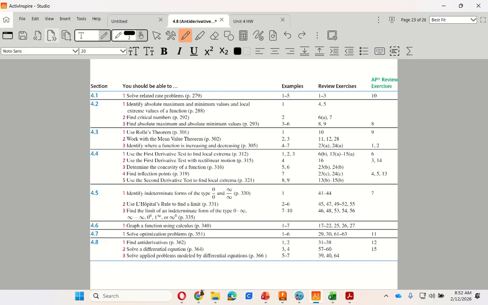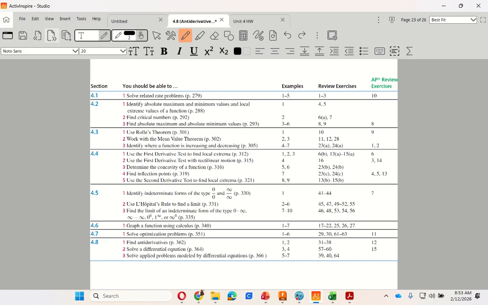But if you want to take a picture of this, this is actually helping you with your notes. Because remember what I said, go through your notes. And right here, 4.1. What are you going to get out of 4.1? Solve related rates, the 5 examples, right here. Review exercises.